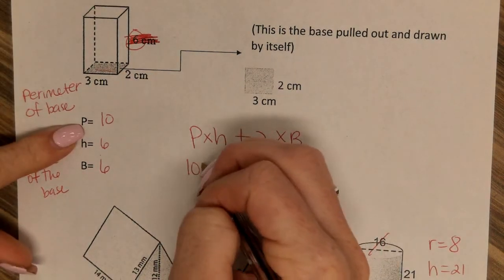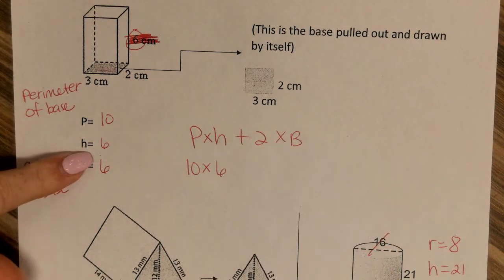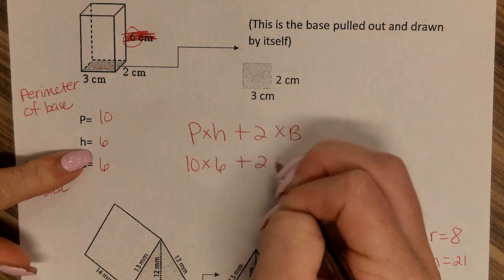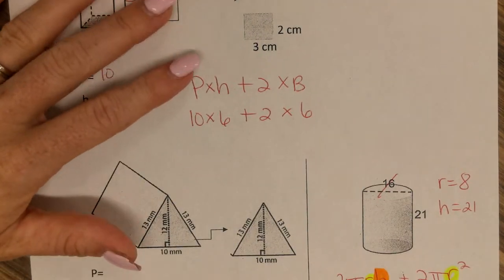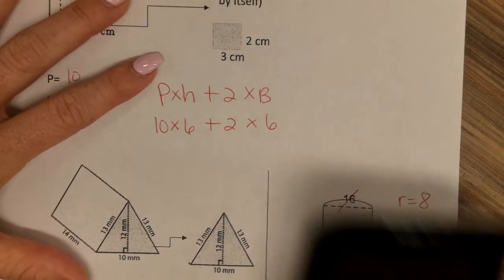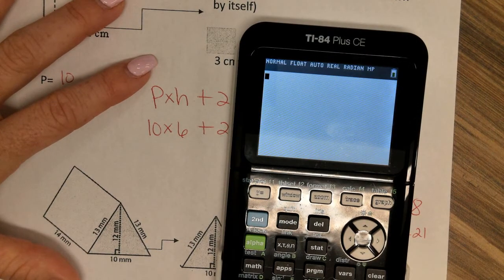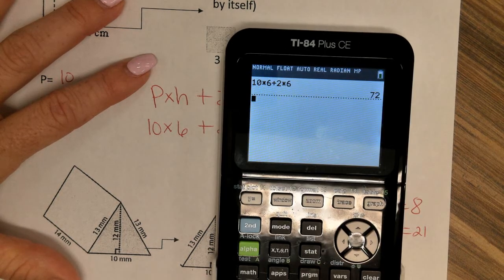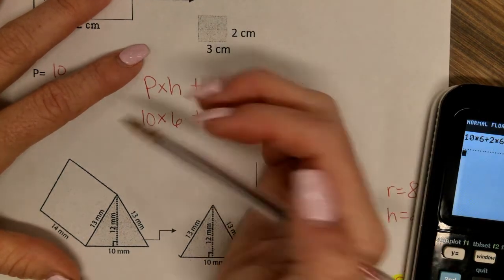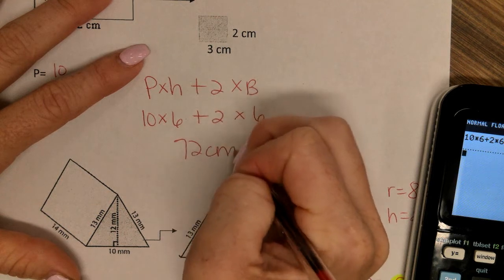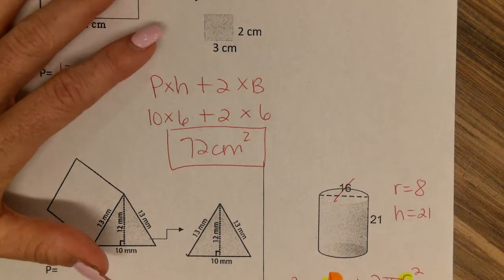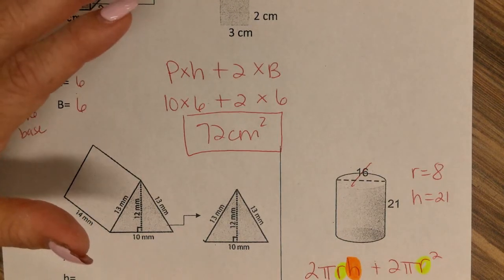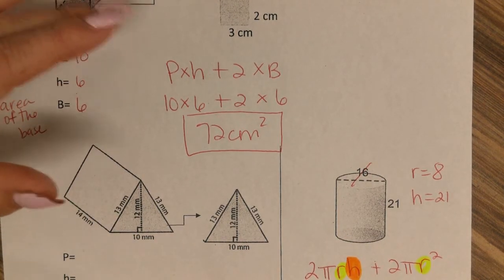The P was 10 times the H, which was 6, plus 2 times my B, which was 6. Once I plug that into my calculator, I'm done. And that's my answer. 72, and surface area is always given in like inches squared, centimeters squared, stuff like that.